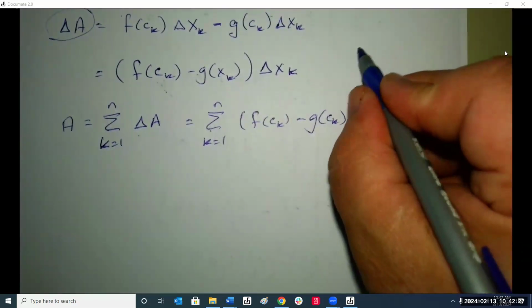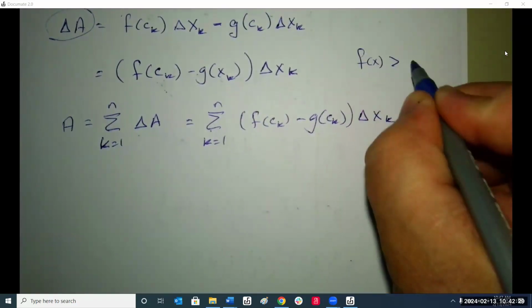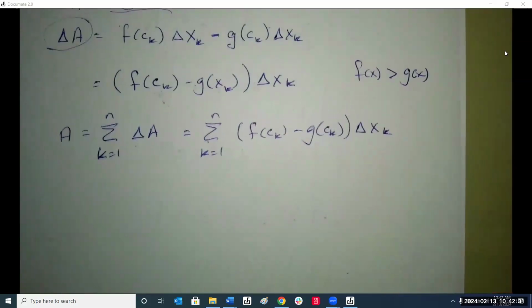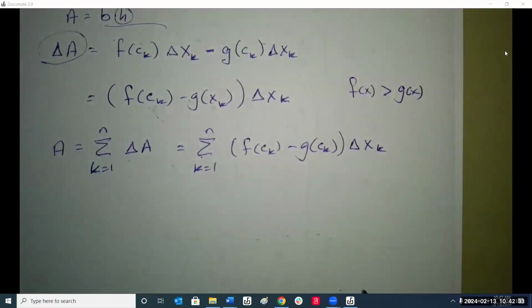This is where f of x is greater than g of x, because it's the upper minus the lower.